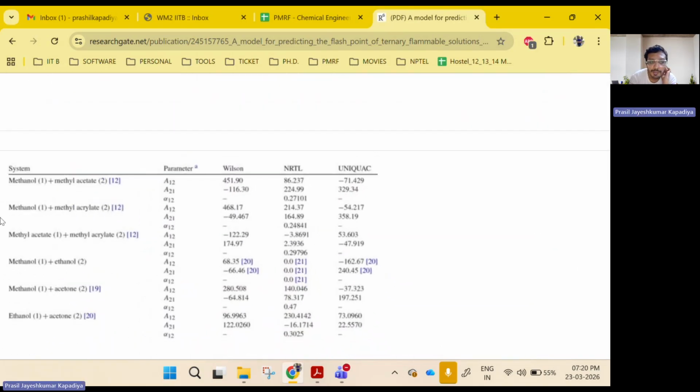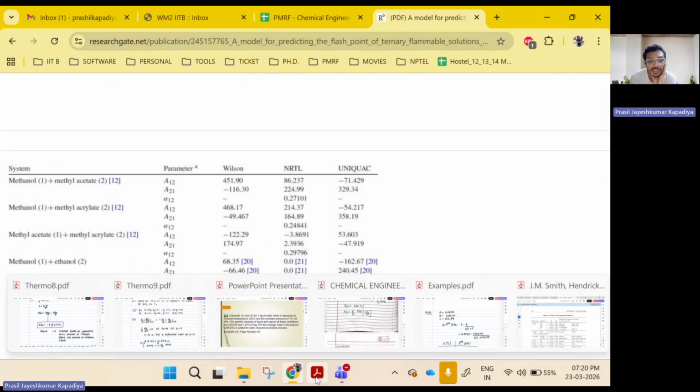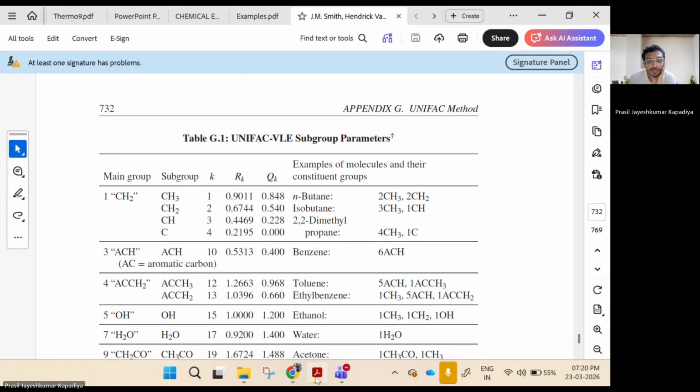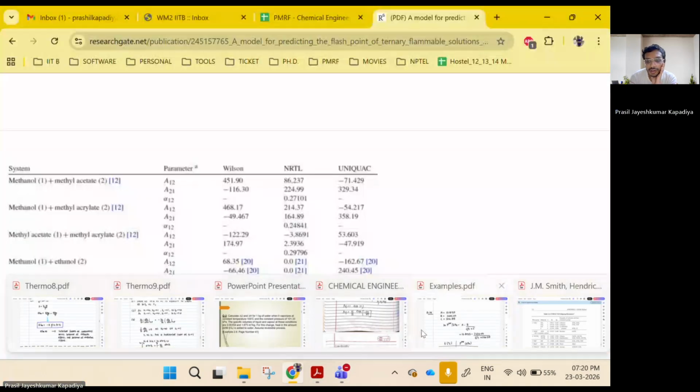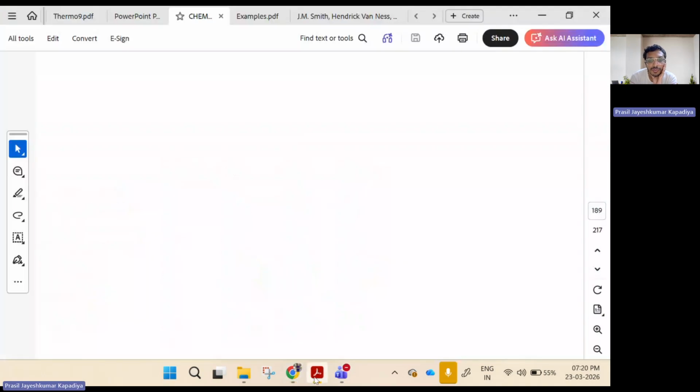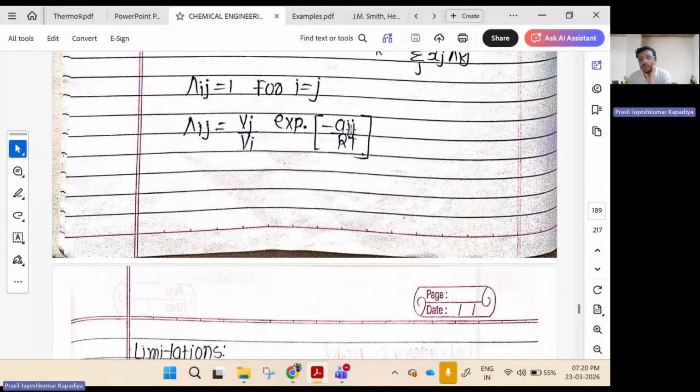When I'm dealing with the methyl acetate system, I have this A21 and A12. Similarly, for the methanol, methyl acrylate system, you directly have these terms, A12 and A21. Then from there, you need to find Vj by Vi; molar volumes are known from the literature.